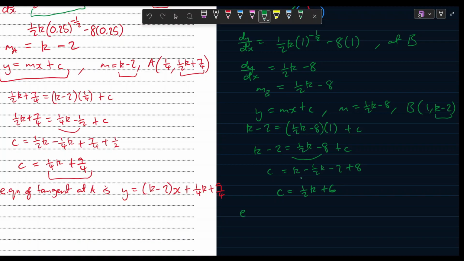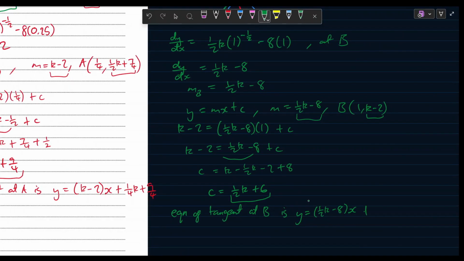So the equation of tangent at B is y is equal to half k minus 8, x, plus our y-intercept, which is half k plus 6.